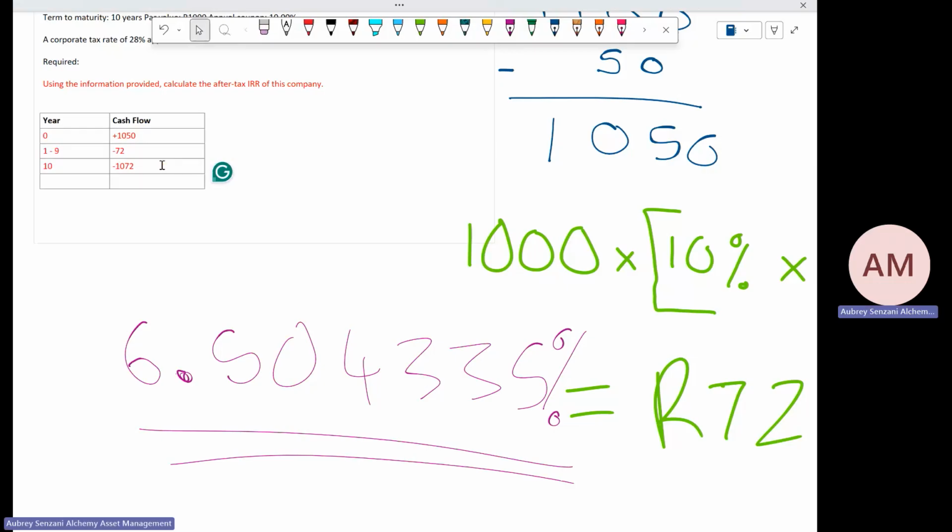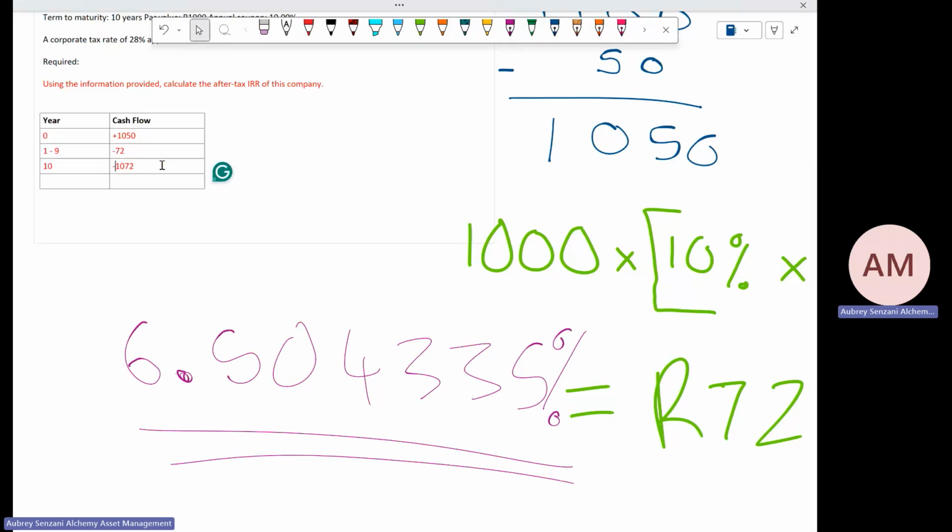So far, so good. You together? Everybody happy? You get the same interest, 6.5. If I use a positive 1,050 as my present value and 72 as my payment, and do the cash flow thing, I get 6.5.